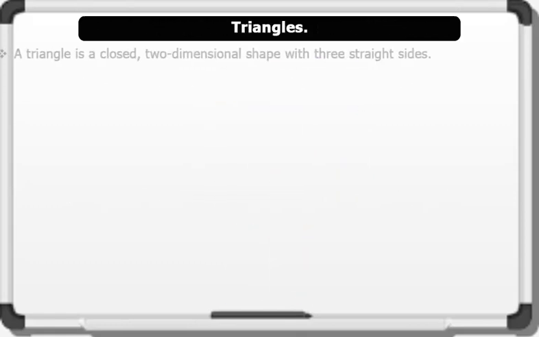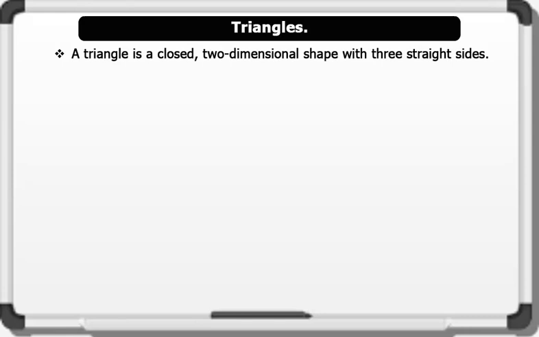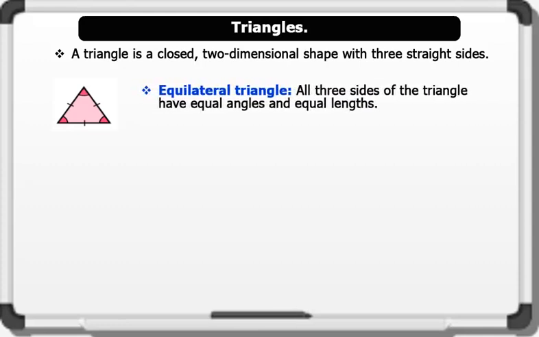Triangles. A triangle is a closed two-dimensional shape with 3 straight sides. Now, let's see some examples of triangles. 1. The equilateral triangle. All 3 sides of the triangle have equal angles and equal lengths. 2.